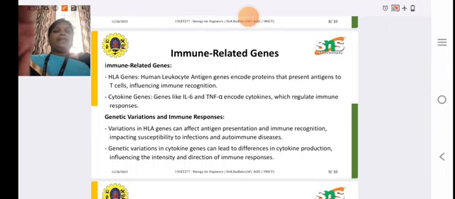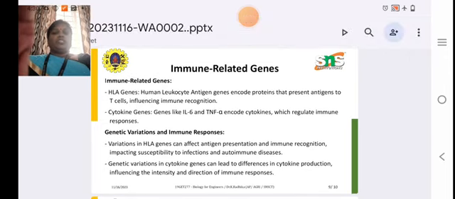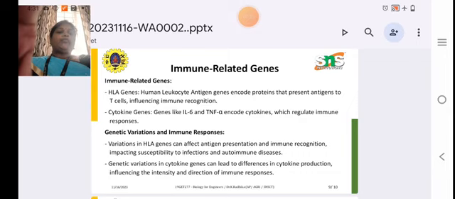Then, immune-related genes. What are the immune-related genes? HLA genes, human leukocyte antigen genes, encode proteins that present antigens to T cells, influencing immune recognition. Cytokine genes, genes like IL-6 and TNF-alpha, encode cytokines which regulate immune response.